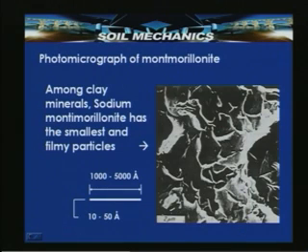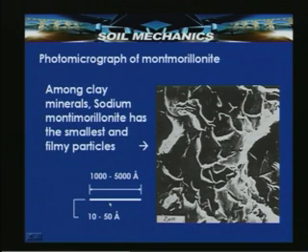So, this slide shows a photomicrograph of montmorillonite, where among the clay minerals, sodium montmorillonite, that is, where the cations are predominantly sodium, has the smallest and filmy particles. So, you can see the gel type appearance in the photomicrograph of the montmorillonite.